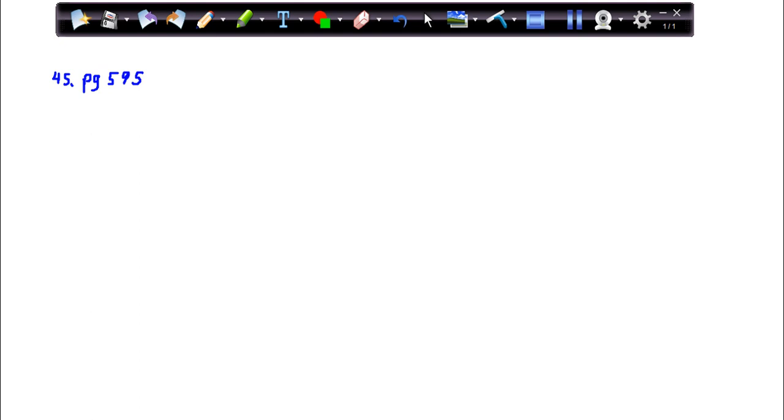So we're going to write it as 3x squared plus 21x, see, we brought the negative 21x over, minus 54 equals 0.